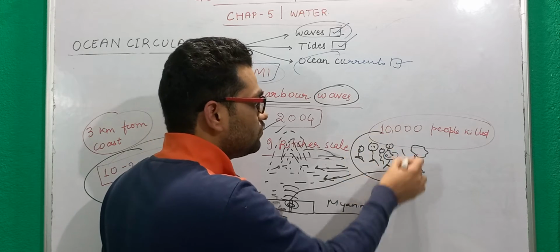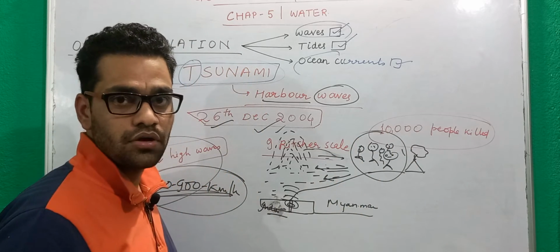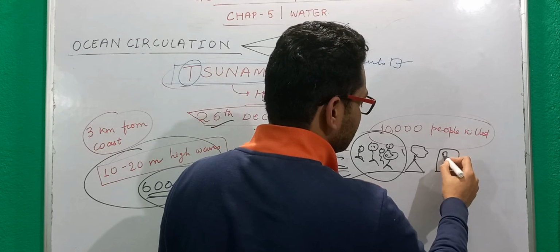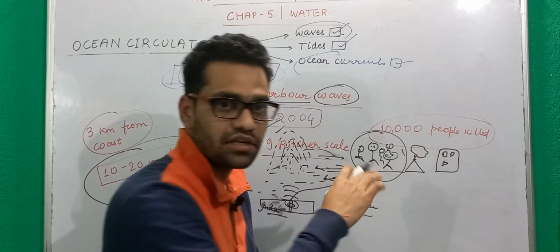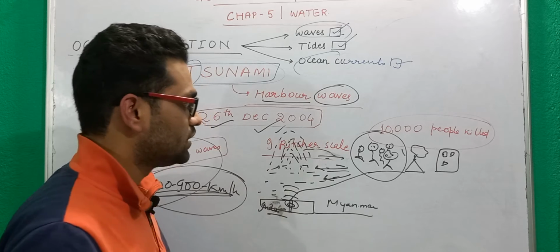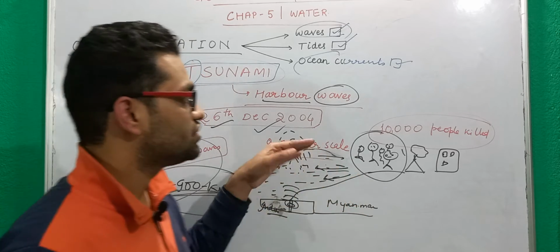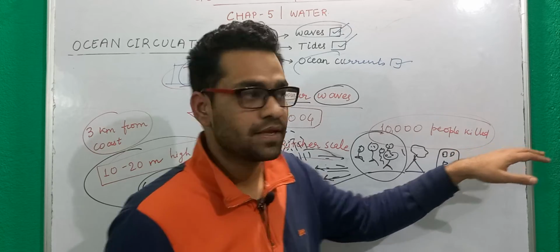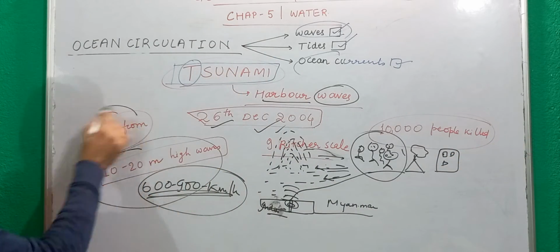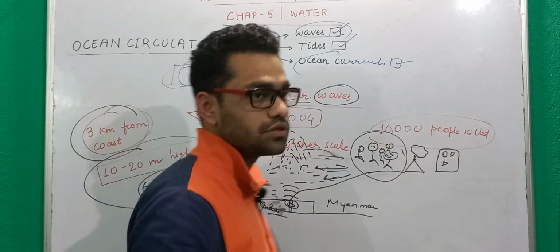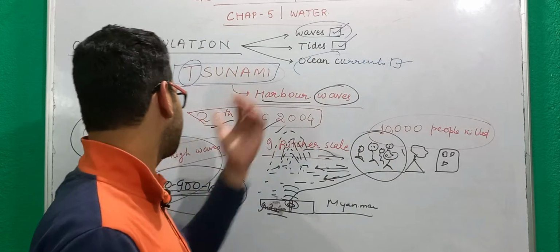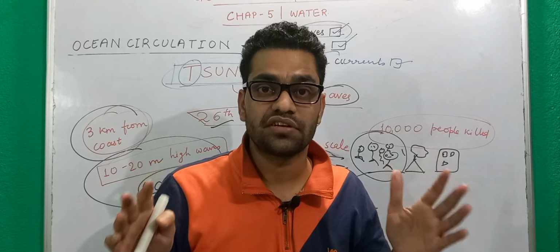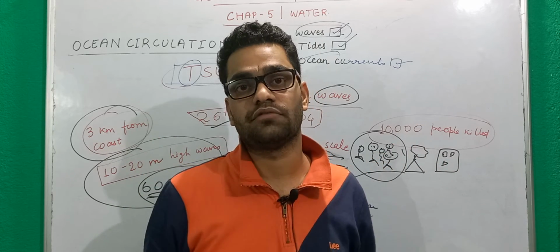Now these people who had gathered on the beaches, and the areas where obviously there would be some buildings and hospitality facilities. So this water is now entering the inhabited area up to 3 kilometers from the coast, with a height of 10 to 20 meters and a speed of 600 to 900 kilometers per hour.